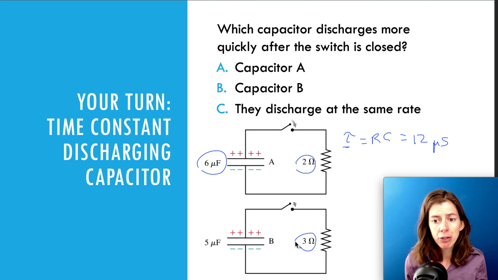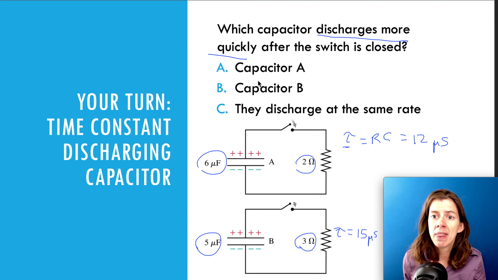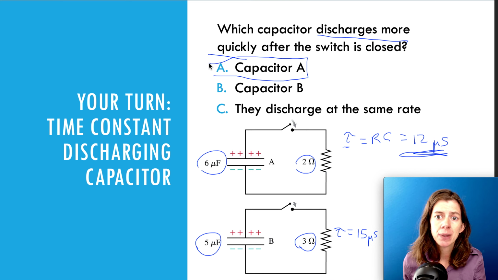Over here we have 3 ohms and 5 microfarads, so the time constant is 3 times 5, which is 15 microseconds. So which one is going to discharge more quickly? The one that has the shortest time constant. Circuit A had the shorter time constant. That means capacitor A is going to discharge more quickly. It also means that if this were a charging capacitor circuit, it would charge more quickly as well.